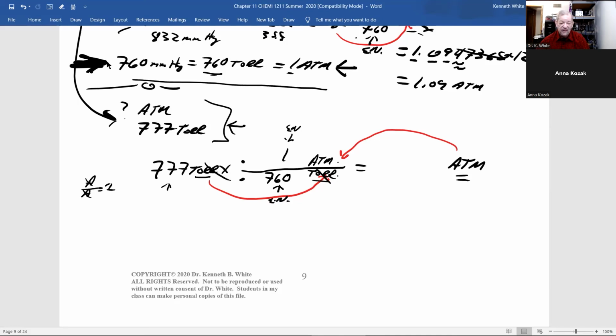But this is 3 significant figures. And now I can pick up my calculator, clear it. 777 divided by 760. And my calculator gives me this number.